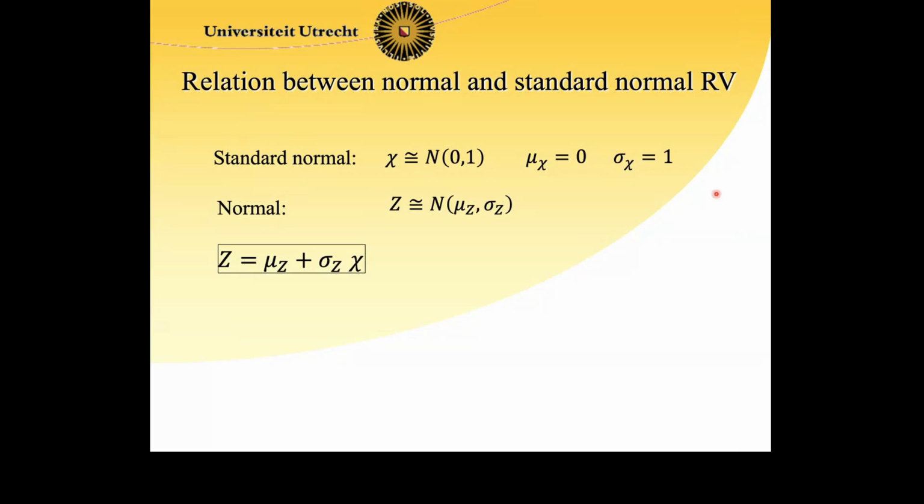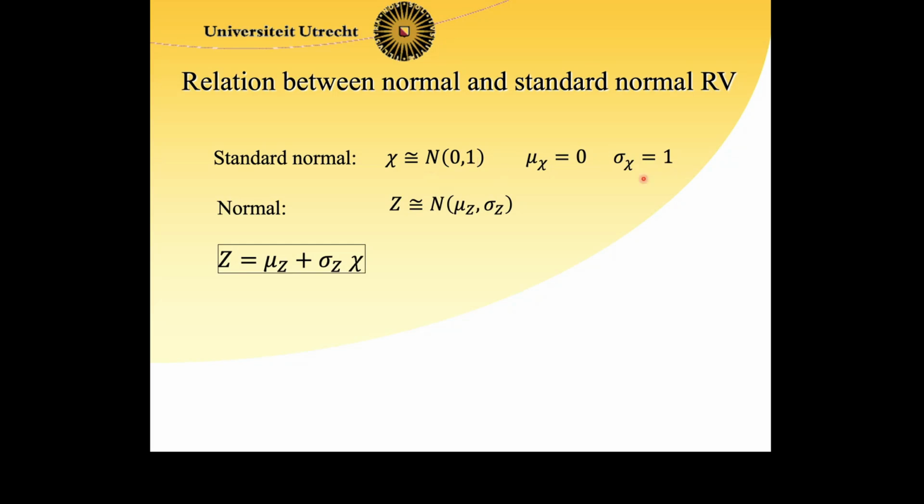Now, it's interesting to look a little bit at the relationship between the normal and the standard normal random variable. The standard normal, like I said, is often denoted by chi, which is a normal distribution with 0 mean and a standard deviation of 1.